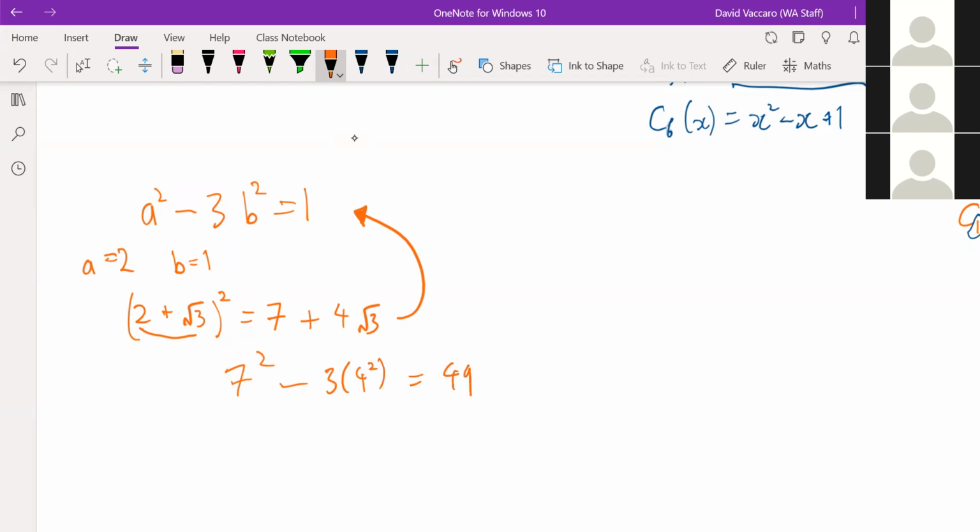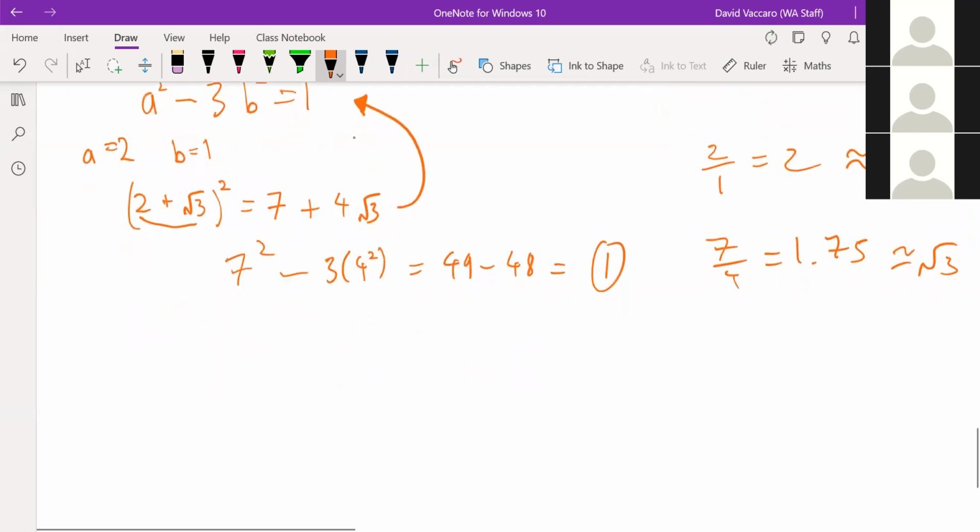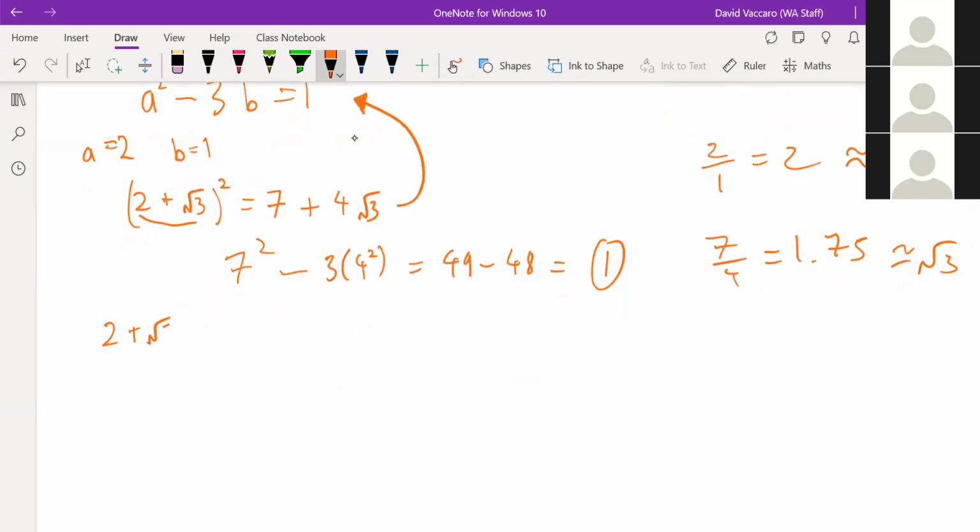That's 49 minus 48, which is equal to 1. And what that means is 7 over 4, which is 1.75, is a better approximation to root 3 than 2 over 1. But if I was to do it again, I would get an even better approximation. So I could do a similar thing, 2 plus root 3 to the power 10 would give me an excellent approximation to root 3.